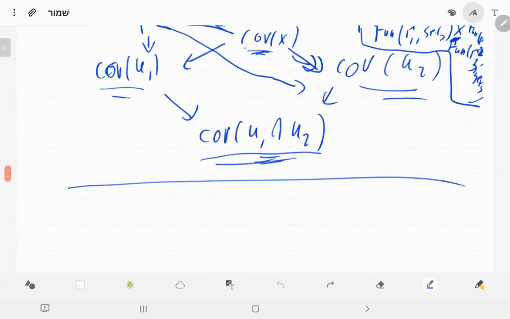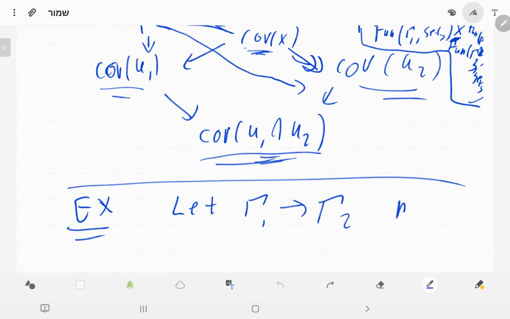Okay, and now everything will follow from the following exercise. Let phi from gamma 1 to gamma 2 be a functor between groupoids.